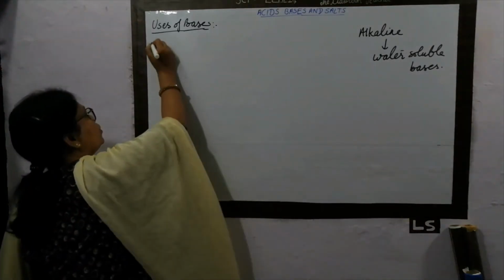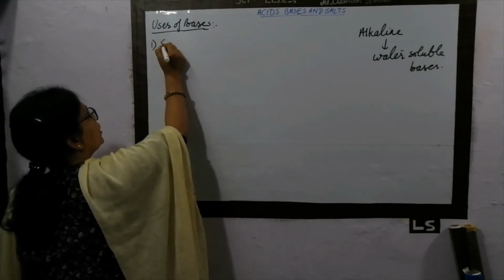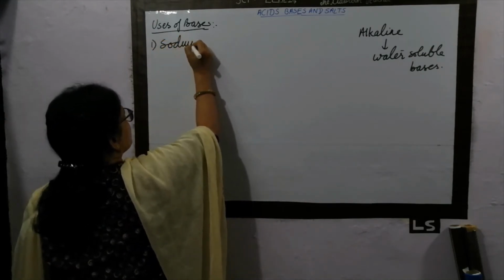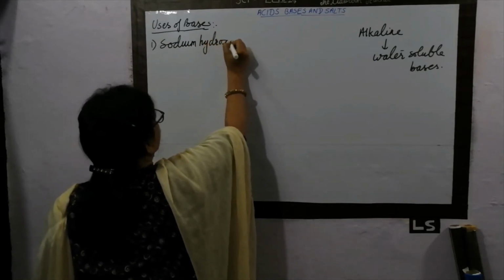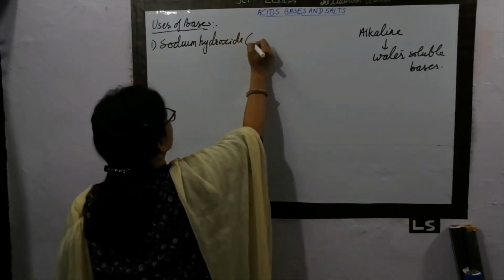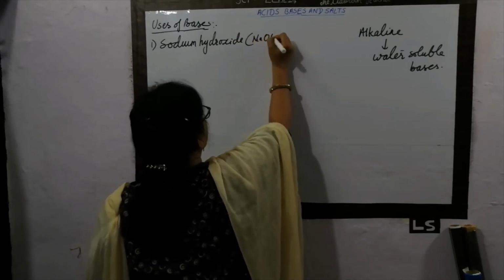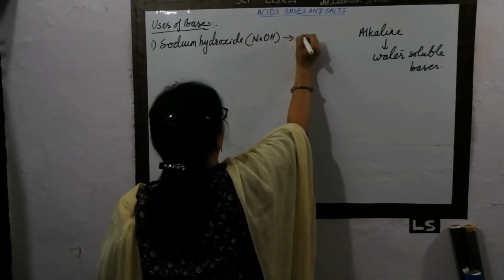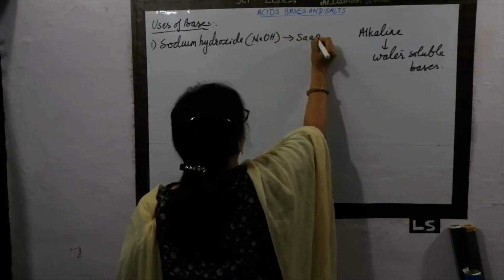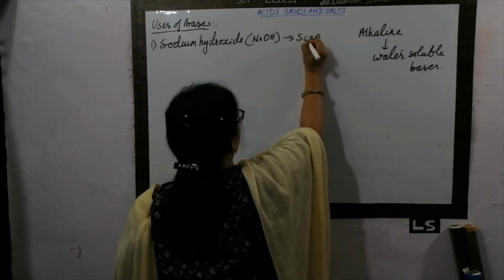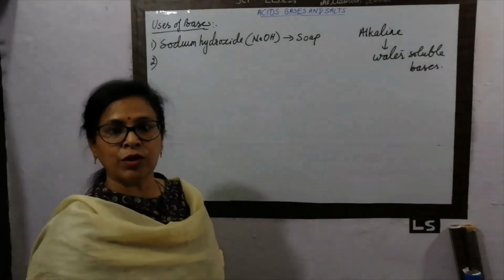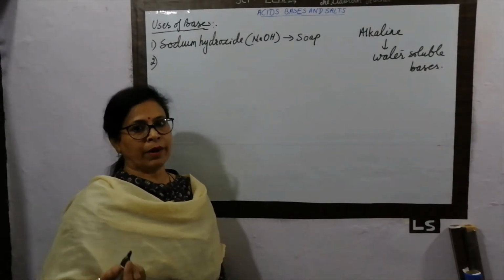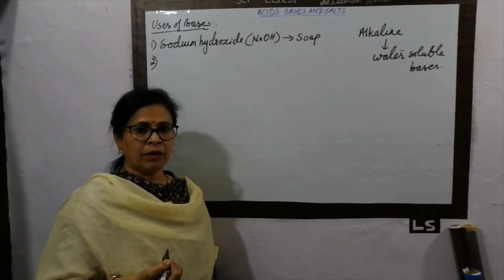Okay, so what are the uses of bases? Sodium hydroxide, a very commonly used base, is NaOH. It is important for soap preparation, soap manufacturing. The sodium hydroxide is required. So this is the use of sodium hydroxide, an alkaline base.